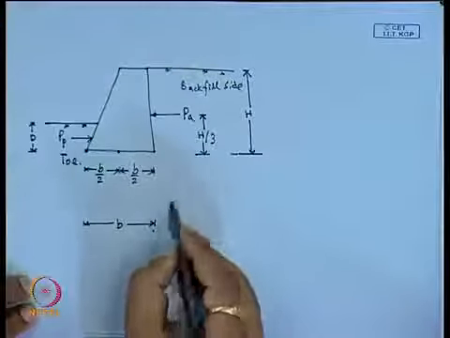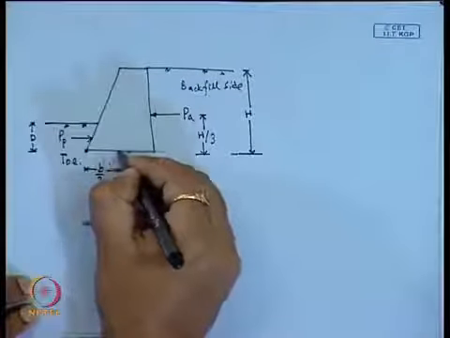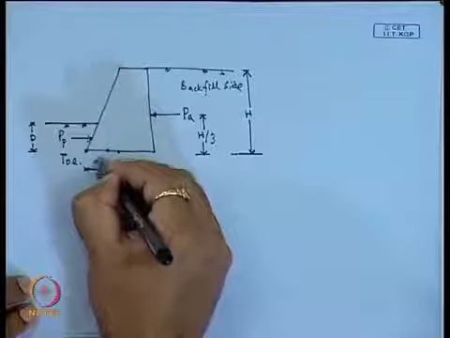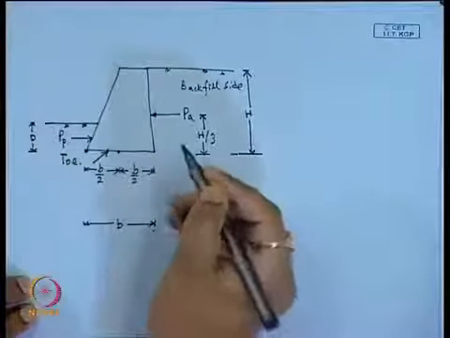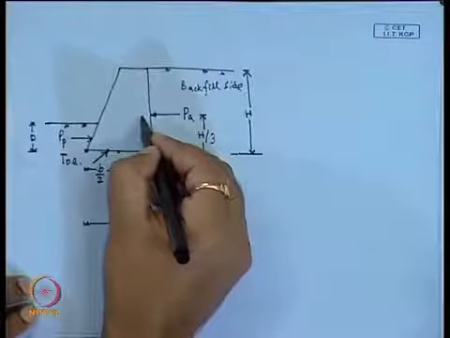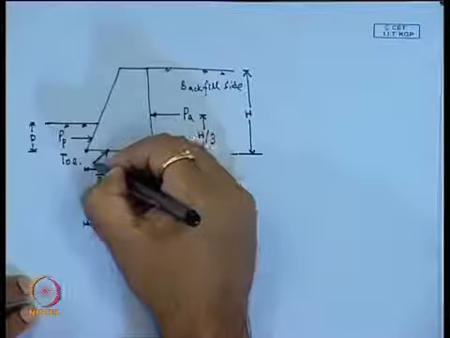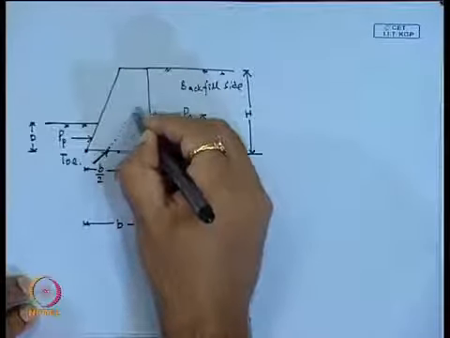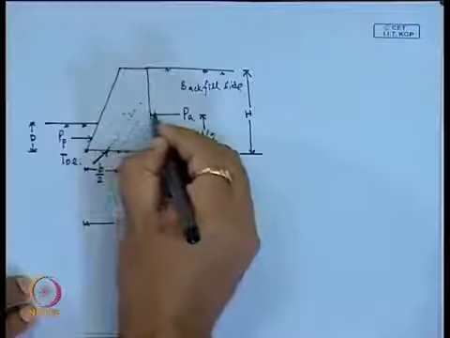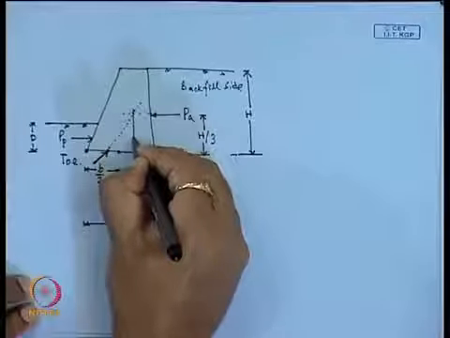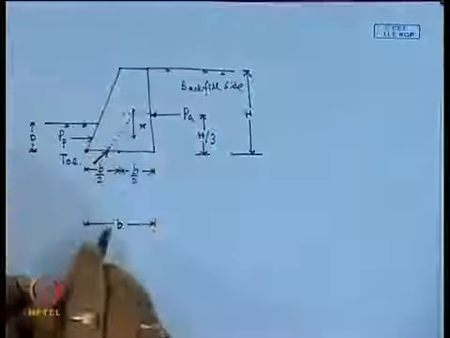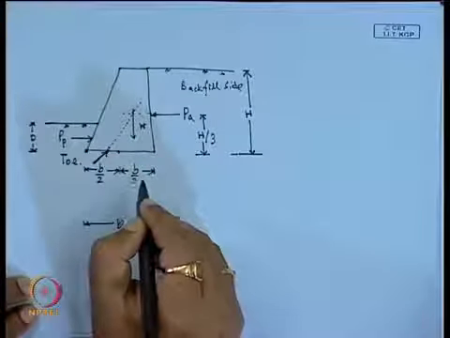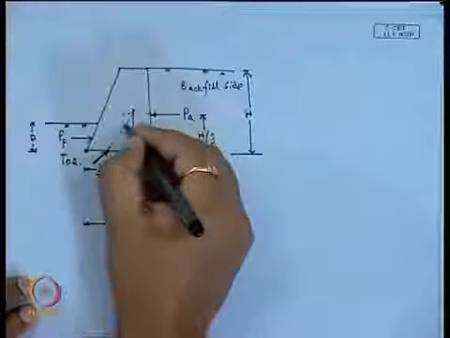Now, for the reaction force at the base of the retaining wall, the self weight of the retaining wall will act in this direction, and the reaction will act in this direction.